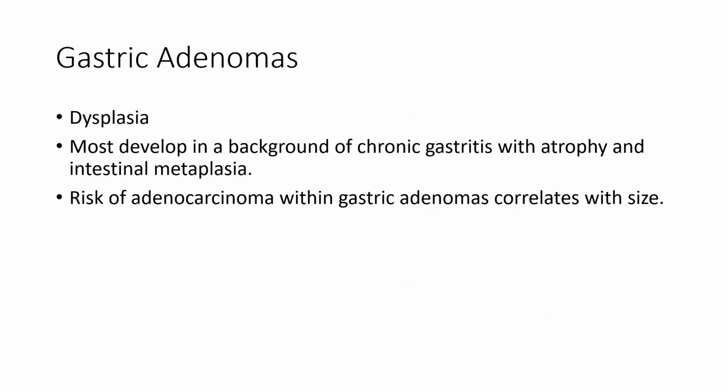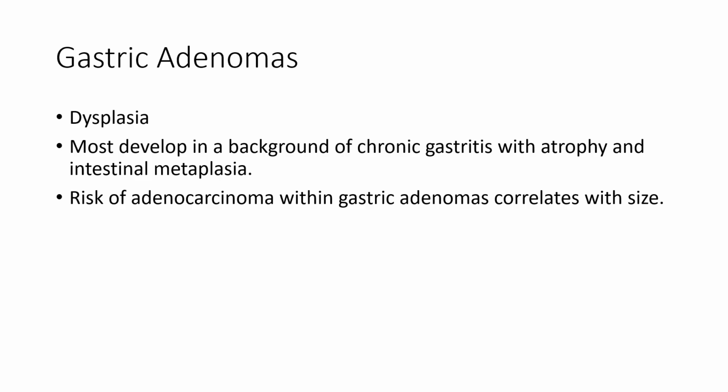Gastric adenomas. All gastric adenomas by definition exhibit dysplasia, and the dysplasia can be either low-grade or high-grade. Gastric adenomas usually develop in a background of chronic gastritis with associated atrophy and intestinal metaplasia. Gastric adenomas have a higher risk of developing into carcinoma than colonic adenomas.